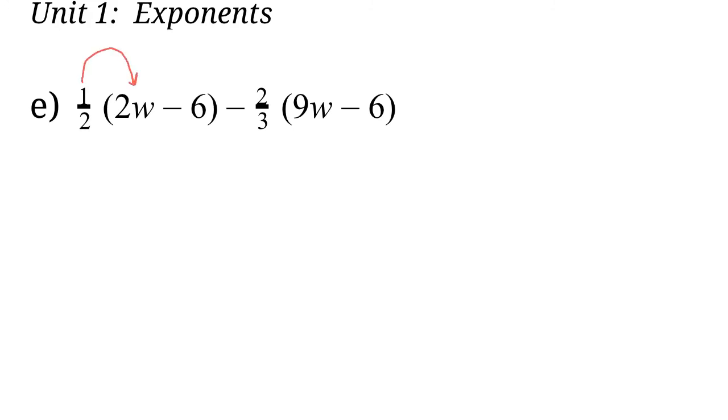So half, or 0.5, times 2w is going to give us 1w. So you could write 1w, or remember, you don't have to include the 1, so you could just leave it as w. And then we move on to half times negative 6. So half times negative 6 is negative 3.